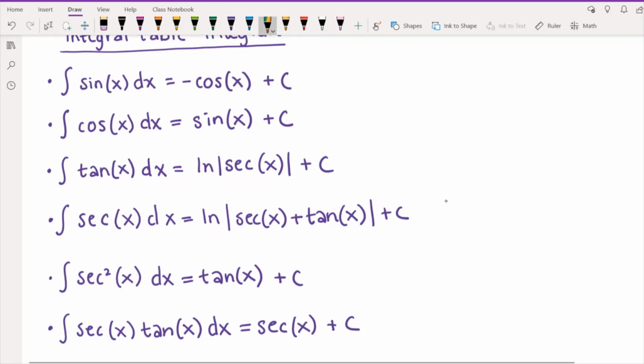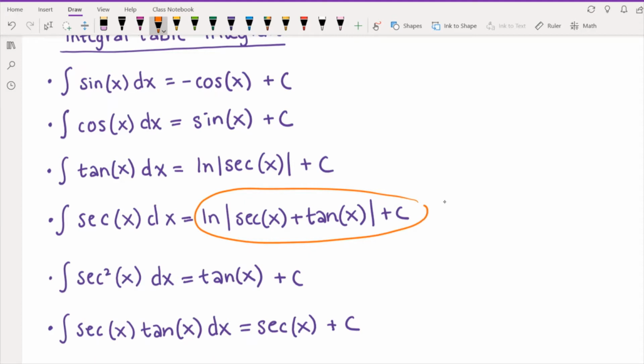This next one we haven't yet talked about: the antiderivative of secant of x. You can check for yourself that this rule works, because if you take the derivative of all of this, you should get secant of x.